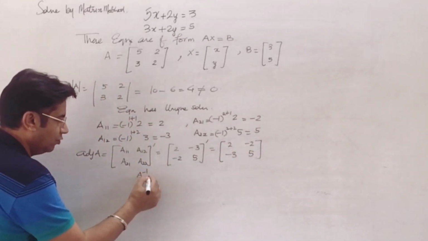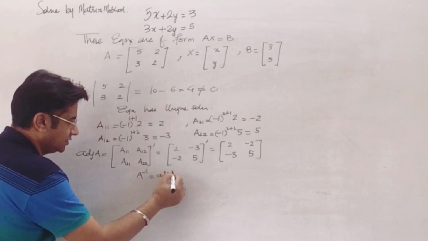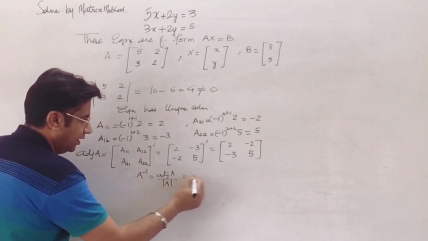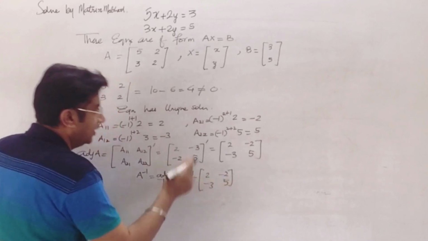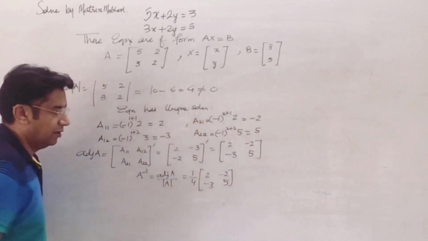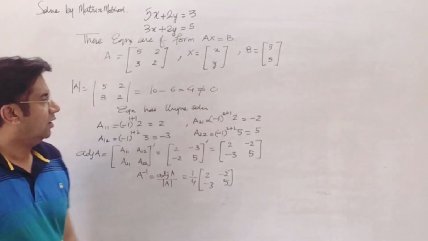And what is A inverse? A inverse is adjoint A over determinant A. Adjoint A is this, and determinant A is 4. So 1 by 4 into this.